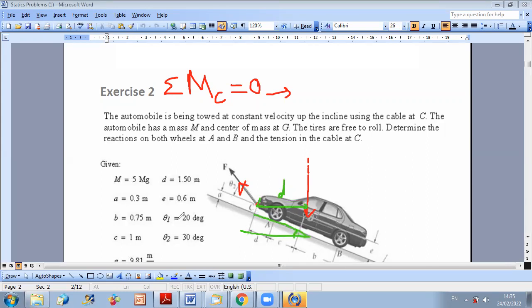This angle is theta 1. Theta 1 is 20 degrees.